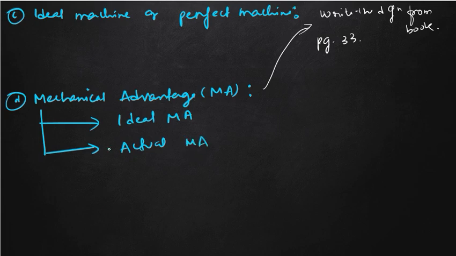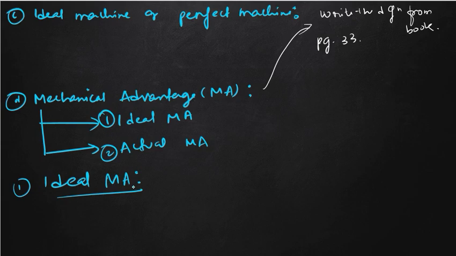If we see the first one, ideal mechanical advantage. So what is ideal mechanical advantage? The ratio between load moved or resistance overcome to the effort applied. It will be a ratio. In the numerator we have to write the total load moved, and in the denominator we have to write the effort applied, or the force applied.